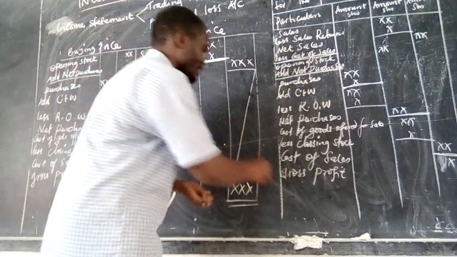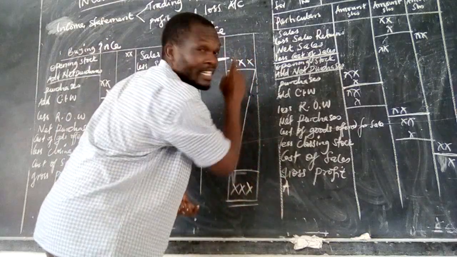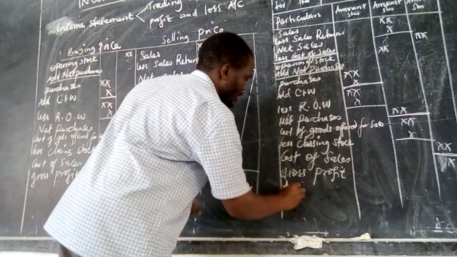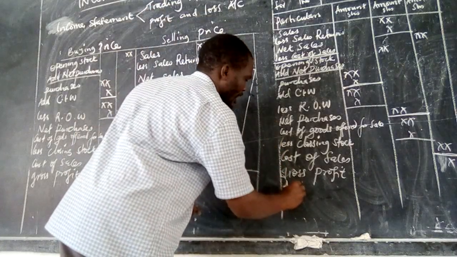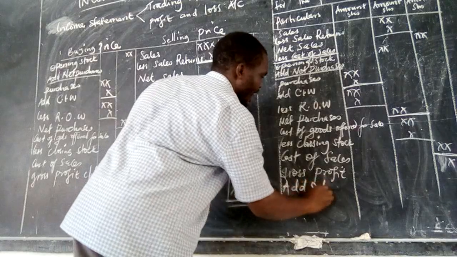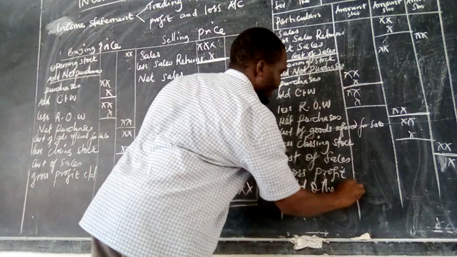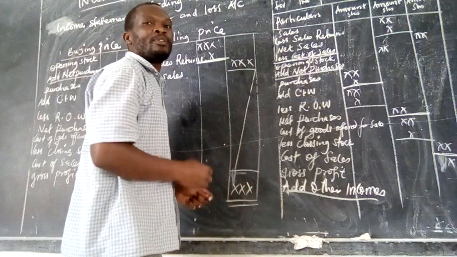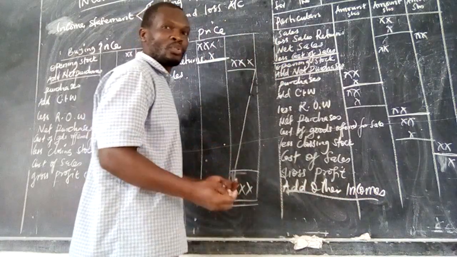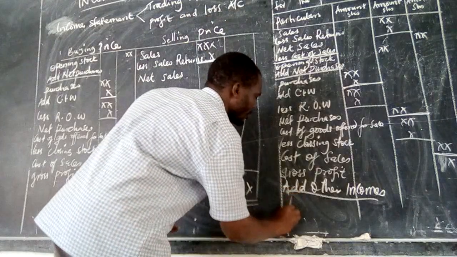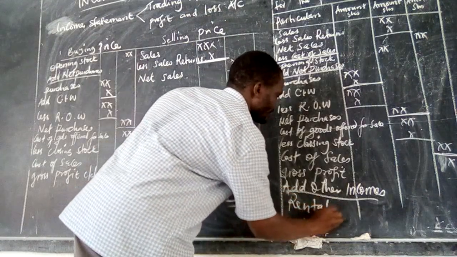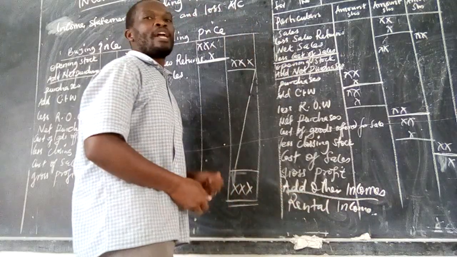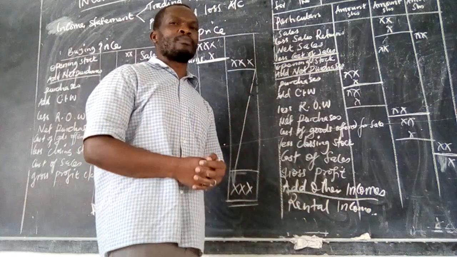Remember, we are preparing an income statement. It is a combination of the two: the trading account and the profit and loss account. So you say add other incomes. You underline them, because you don't have the total yet. So you will have rental income. At times you may wonder, how do I know that this is an income?